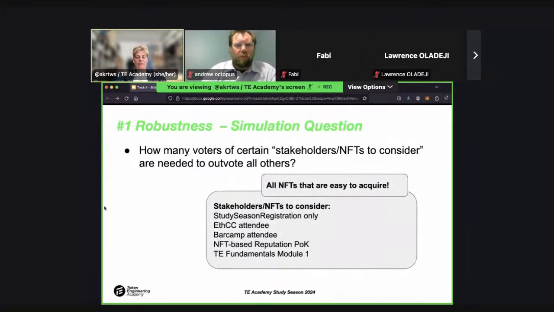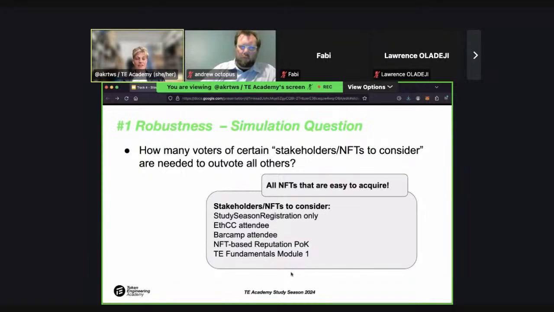And my question for verifying robustness, or let's say my starting point that I would propose, is how many voters of certain stakeholder NFTs are needed to outvote all others. And for robustness, and for this particular case, we should consider dedicated NFTs that are easiest to game.